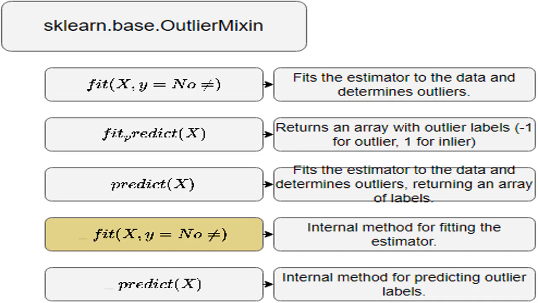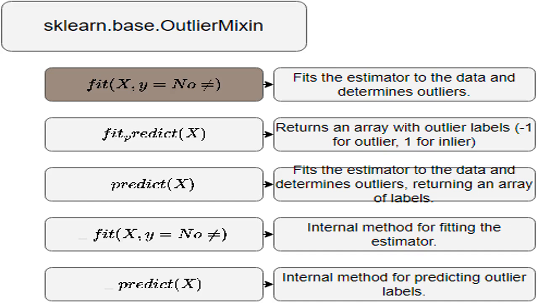The internal fit method is an internal method for fitting the estimator and updates the estimator's internal state. The internal predict method is an internal method for predicting outlier labels, returning an array with outlier labels -1 for outlier, 1 for inlier.